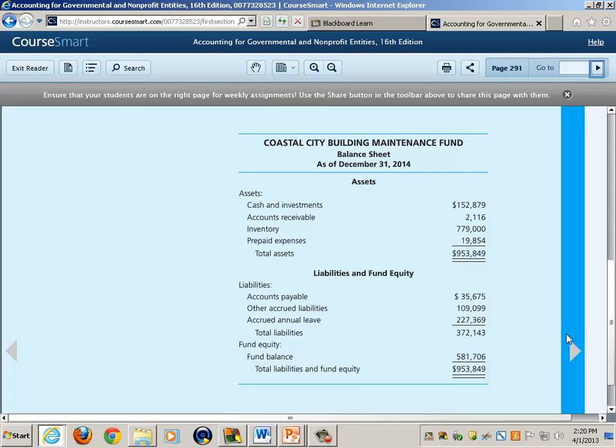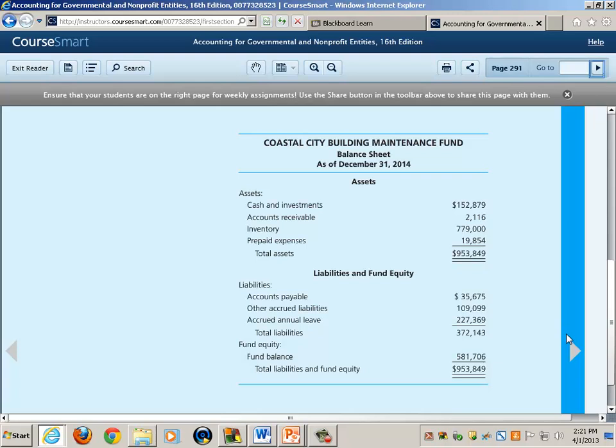Take a look at the balance sheet, and on the next page is the statement of revenue, expenditures, and changes in fund balance for a building maintenance fund which is classified as an internal service fund. I want you to look at those two statements and tell me what's wrong with them.